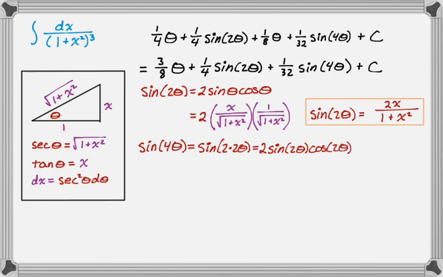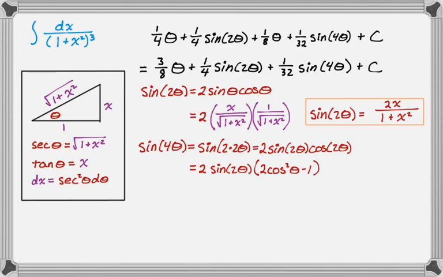And I already found the sine of 2 theta, so I don't want to keep going with formulas there. I just want to say that this is equal to 2 sine of 2 theta. I haven't found cosine of 2 theta, so I need to remember a formula for that. Looking at the triangle, cosine of theta is simpler than sine of theta. So I'm going to use the cosine of 2 theta formula that just involves cosine, and that is 2 cosine squared of theta minus 1.